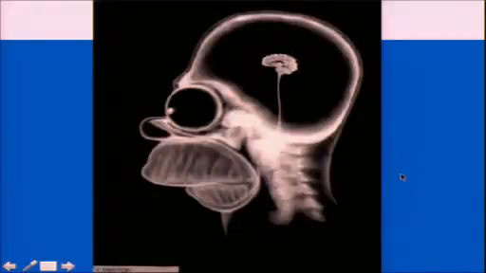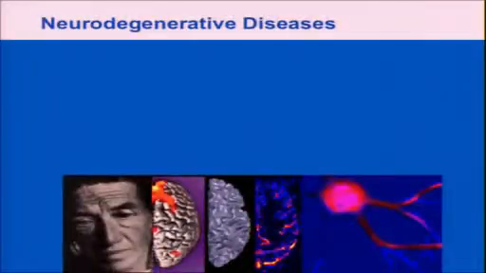Well, I think you know this person, and clearly he has some neurodegenerative disease for different reasons than most humans, but it's clearly visualized on this skull X-ray, which we don't do, or which we should not do in degenerative diseases. That's outdated.